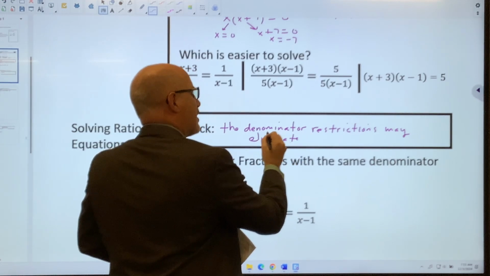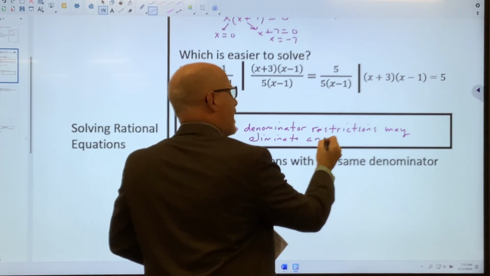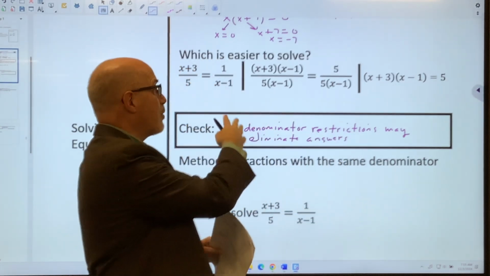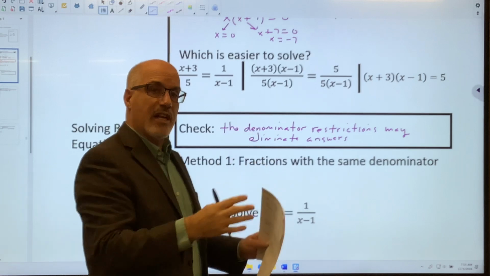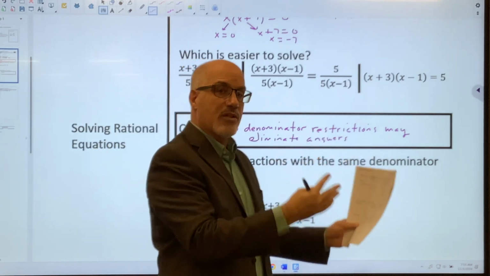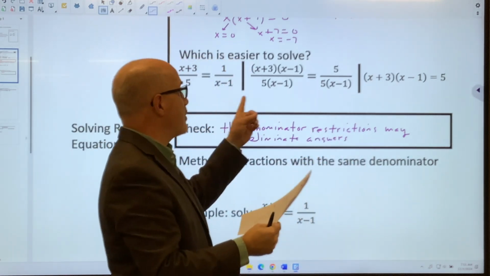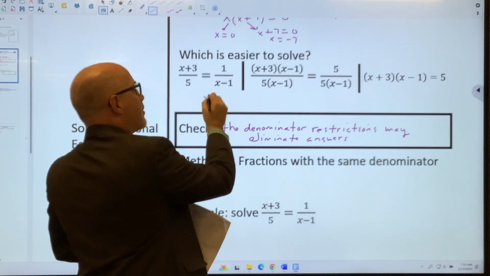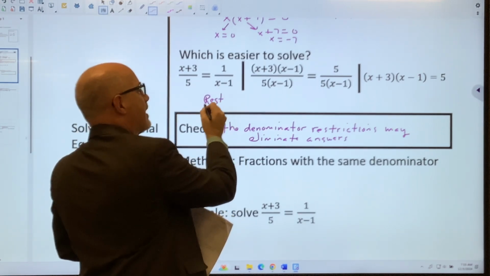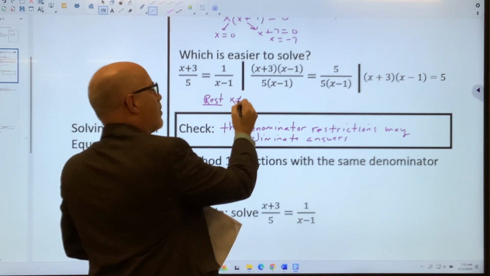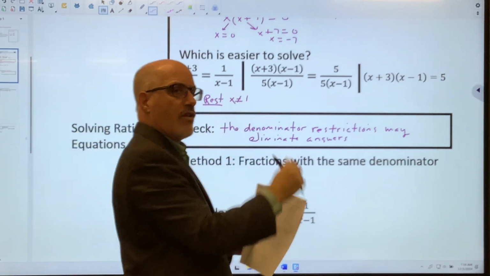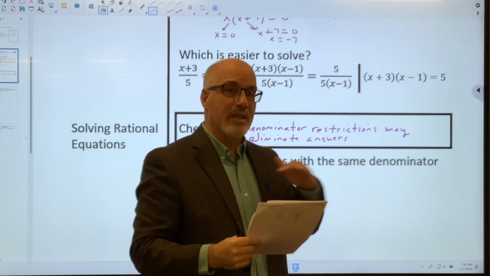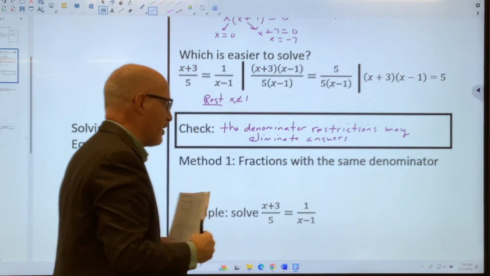In the process of multiplying and getting rid of the fractions and the denominators, you might create a solution that has one of these restrictions. In the original equation here, the restriction on this first one is that x cannot equal 1. If we solved this equation and got that x equals 1, we'd have to eliminate it. It wouldn't be an answer in the final answers.